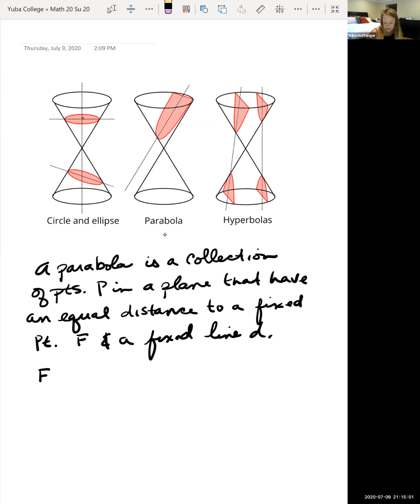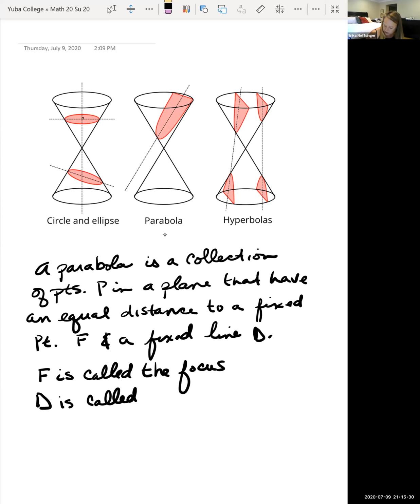So F is called the focus. And D, they do it with a capital D, capital D is called the directrix.